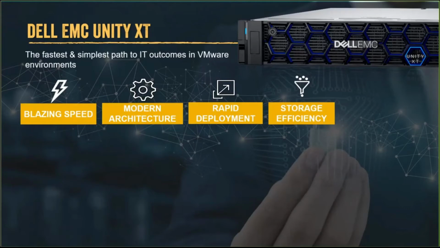Storage efficiencies: when you start to look at some of the storage efficiencies behind it, Dell will actually guarantee a 3-to-1 storage efficiency. So whenever it's sized, they will guarantee you a 3-to-1 storage efficiency, and there are cost savings there that you need to not ignore.